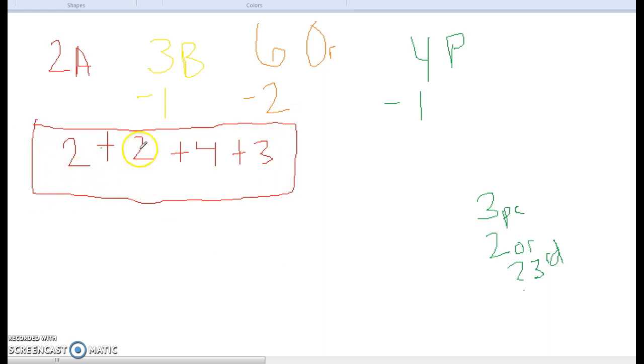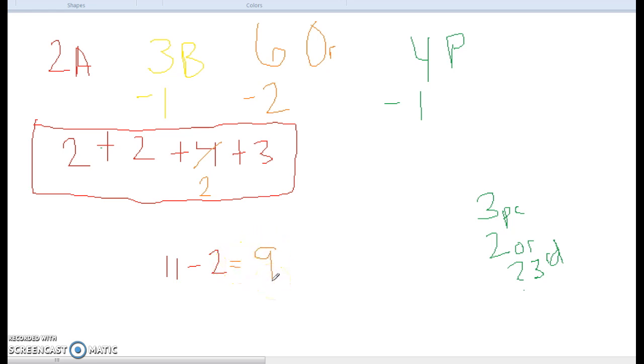So there's 2 plus 2, which is 4, plus 4 is 8, plus 3 gives us 11. So there are 11 pieces of fruit to start off with, after other people have already taken the fruit. She takes 2 pieces of fruit away. Those 2 were both oranges. So when she takes those 2 away, that means there's 2 oranges left. 11 minus 2 is going to give us 9.